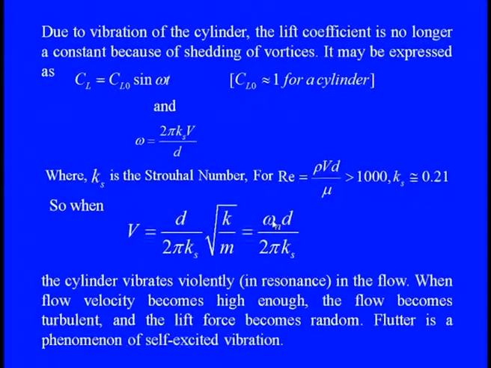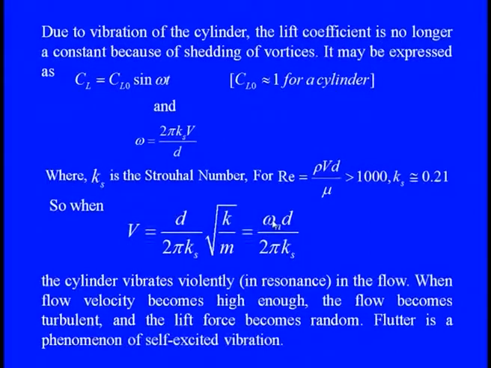And you see this C_L0, or whatever the coefficient is, depends on the shape of the solid. And we can say omega, which is the exciting frequency, is equal to 2 pi times K, the Strouhal number, times the velocity divided by d, where K is the Strouhal number.